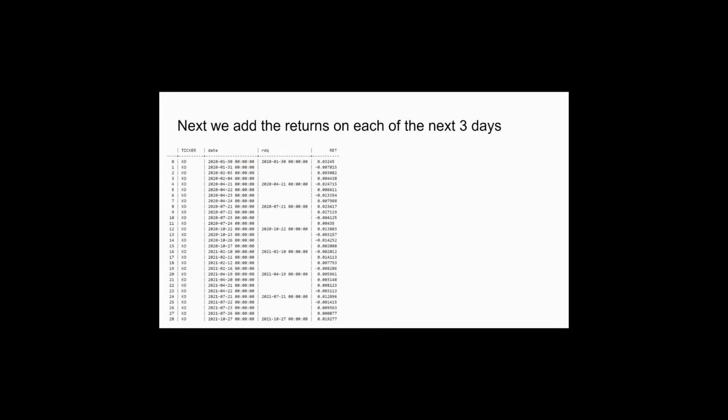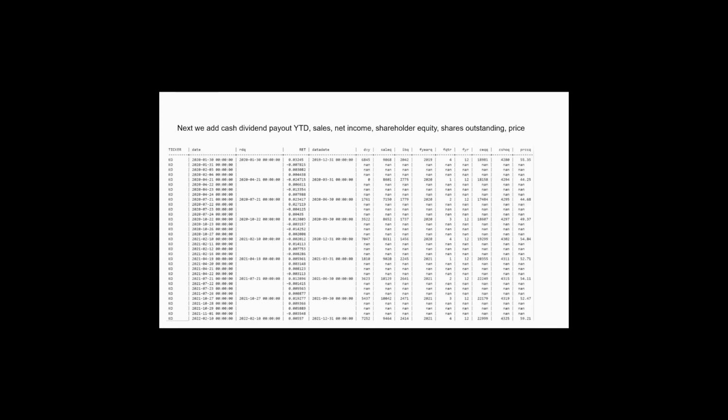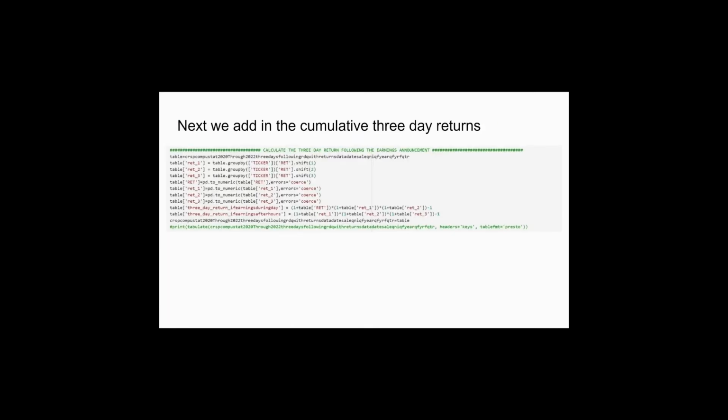Sure enough, we do that, and that brings us this return. Okay, so this is the code that gives us the 3-day returns. The shift 1 allows us to get the next day's return.